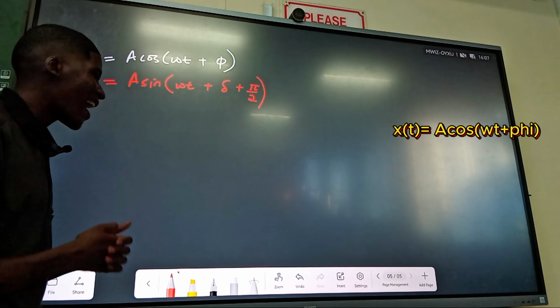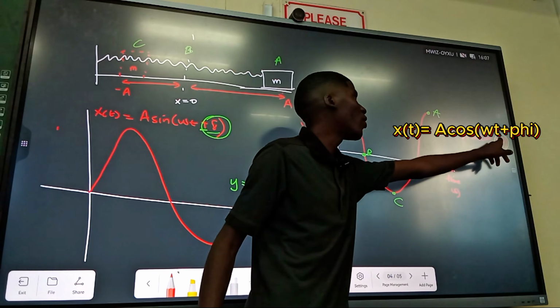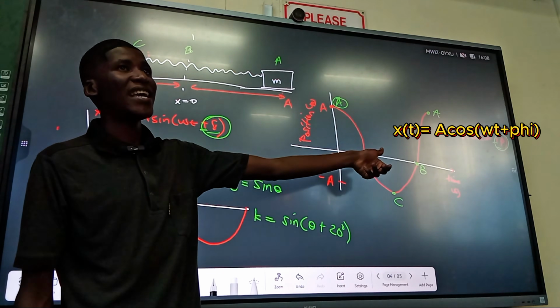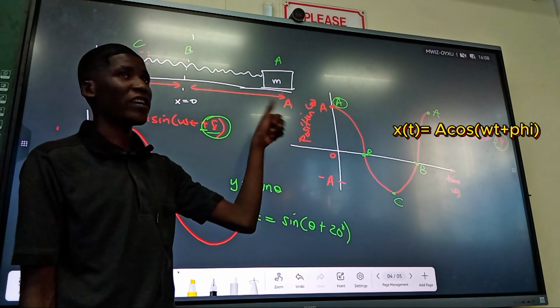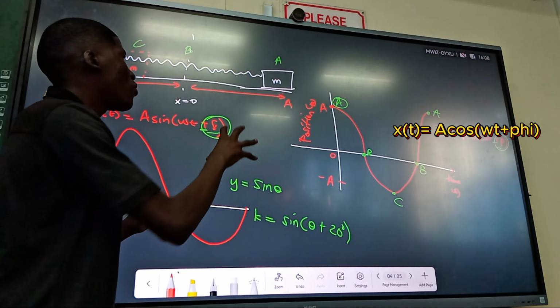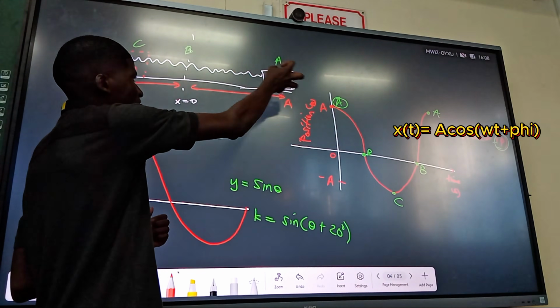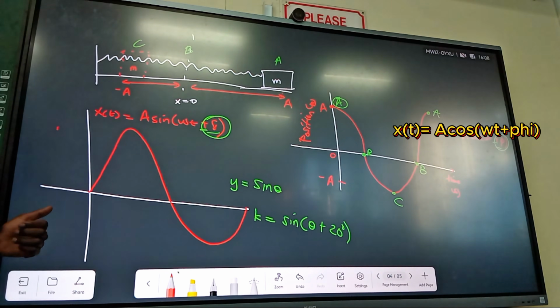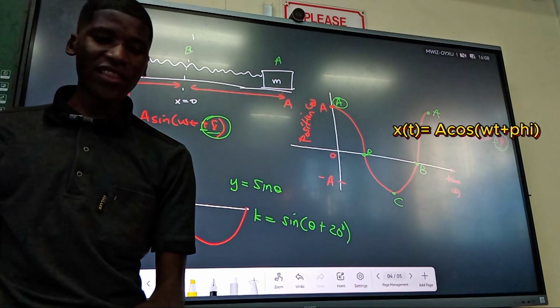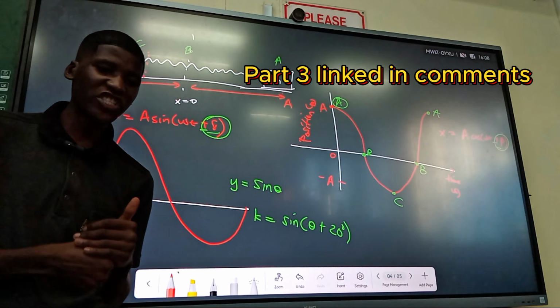So that's the idea, to just say that this delta and this phi are both phase angles. They differ by pi over 2 radians, or 90 degrees. But all of them describe the position of this object as it moves in simple harmonic motion. So those are the equations for position.